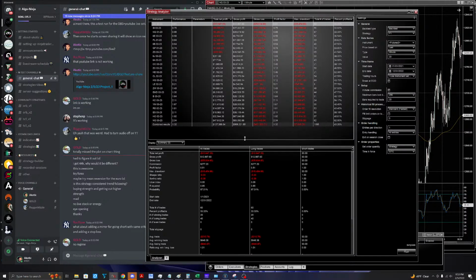You need to spend more time thinking, okay, how can I put this strategy in an environment where momentum is more likely to occur? It's not about using a lagging filter to then say, okay, now we're in a momentum environment, so now we turn the strategy on, because that's just going to lag and it's not going to improve anything.